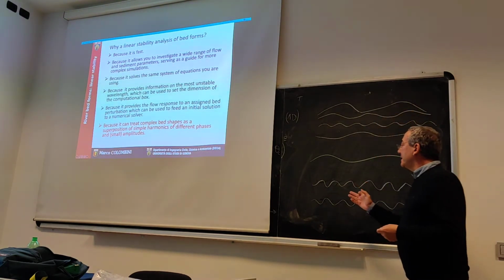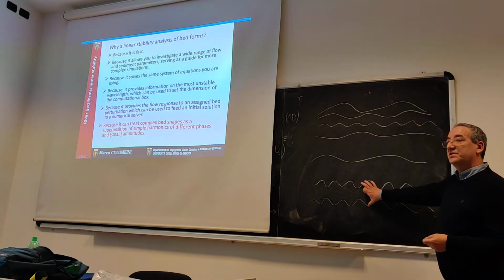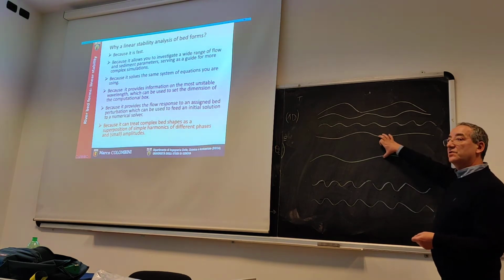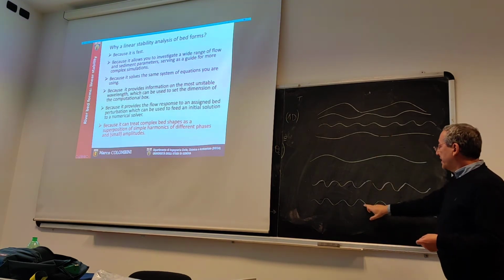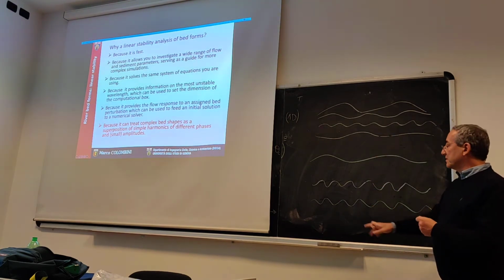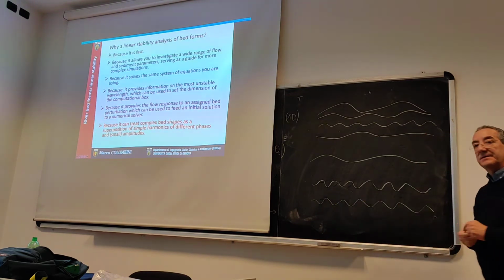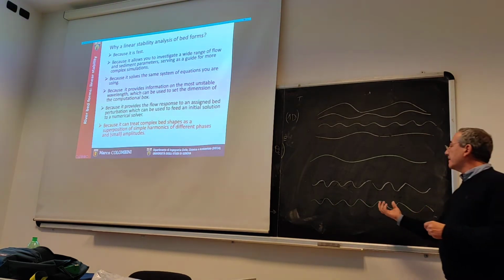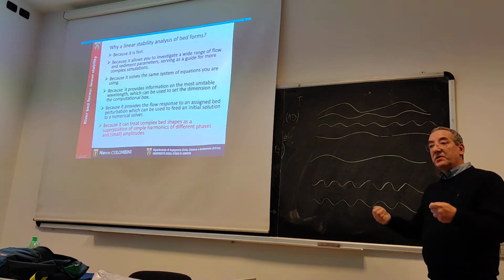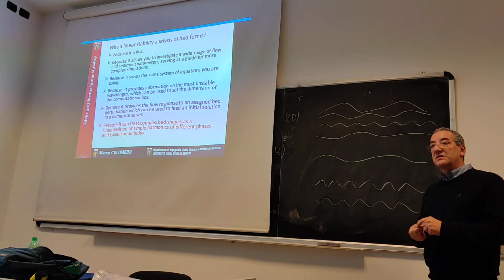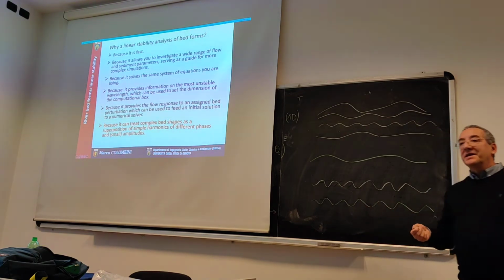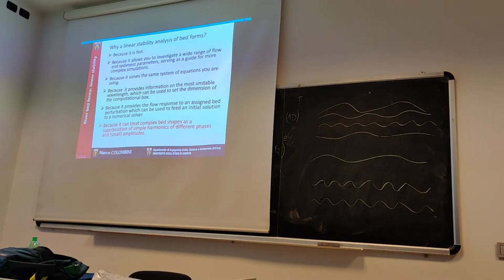So the idea is that you can take this solution and this solution, which have different forcings, so have different band wavelength, and make a linear combination of that, because as usual, in a linear framework you can superimpose different solutions.